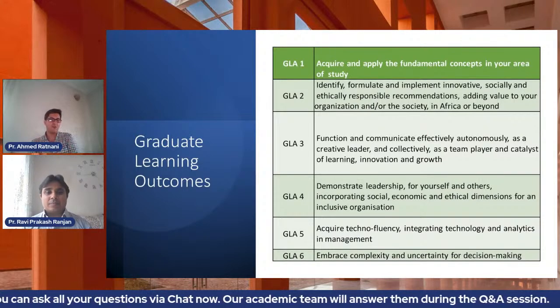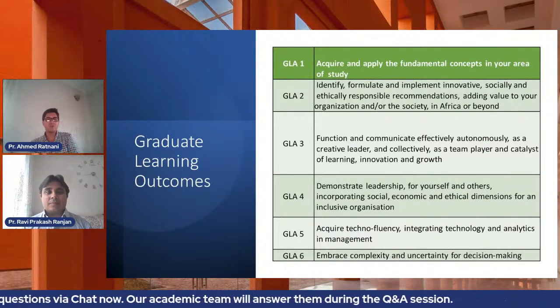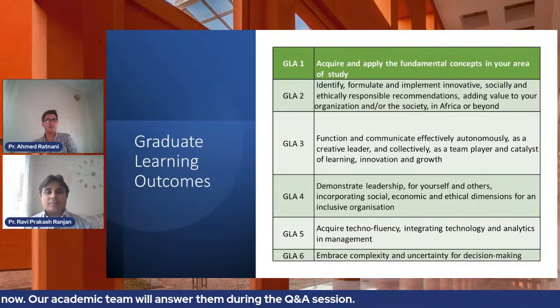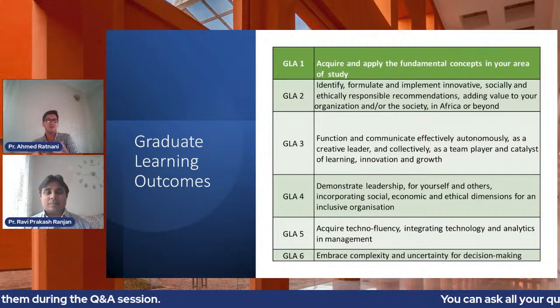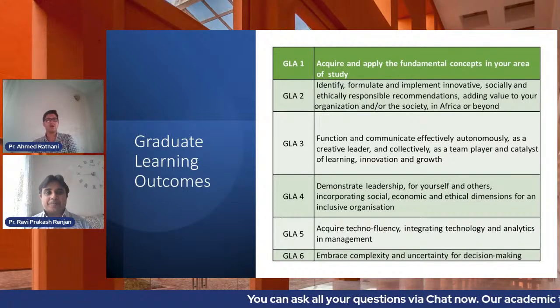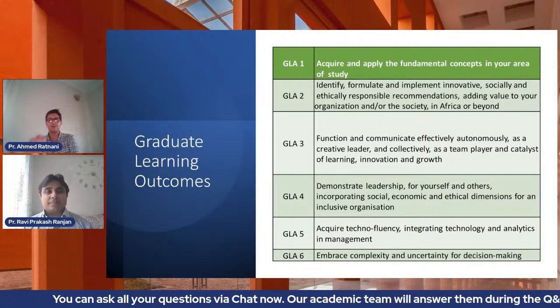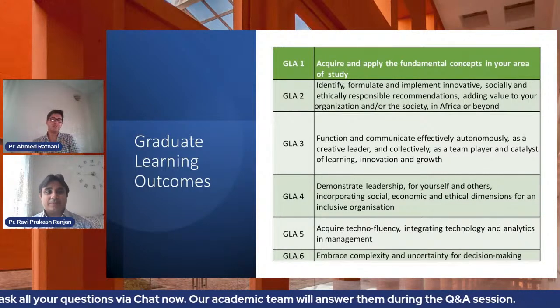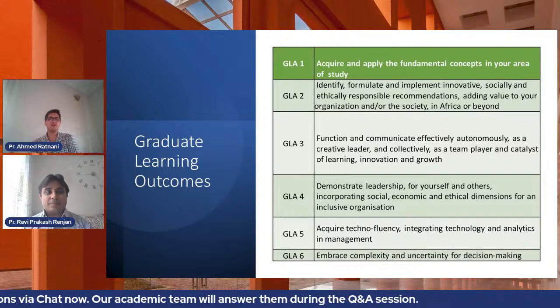As well, one of the learning outcomes is to be able to demonstrate leadership. It's very important for us that this program helps Morocco and Africa build a new generation of leaders in finance, in data engineering in general, in modeling in general.